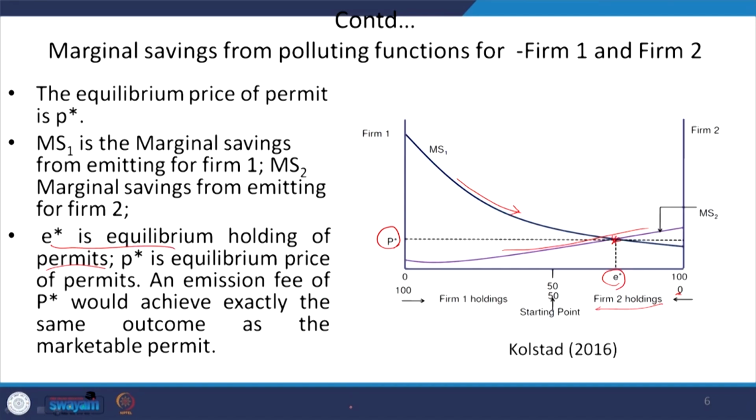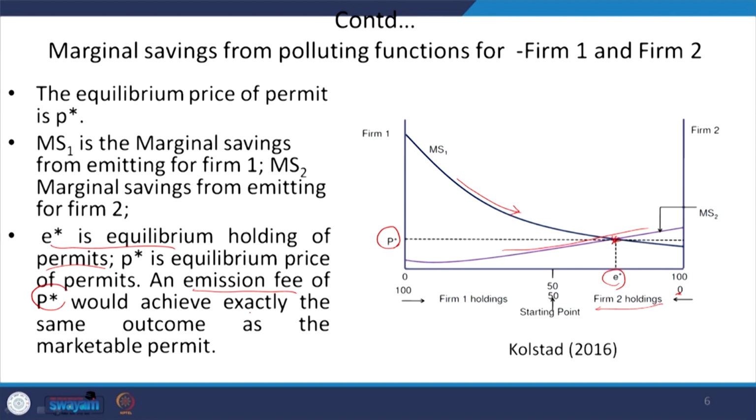Now if you are thinking of a pollution tax or emission fee, when the government imposes an emission fee, the amount of the emission fee would be just equivalent to this P star.